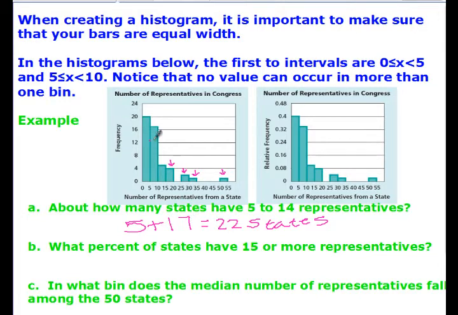Or we could look at this first bar and say, okay, there's 20 here, there's 22 here, so that means 44 states are discounted, or we're not looking at those. So if 44 states aren't being included, that means out of 50, that would be 6. And so we have 6 over 50, which is 12%.